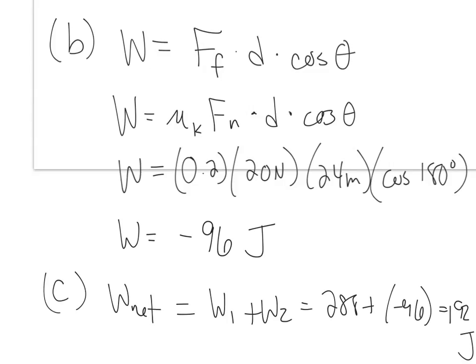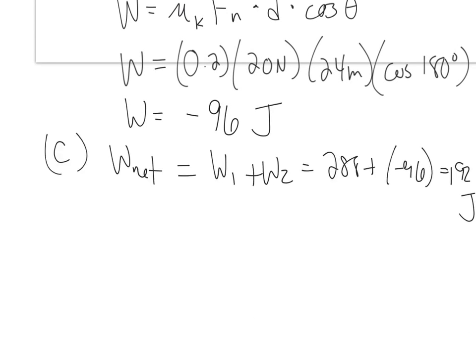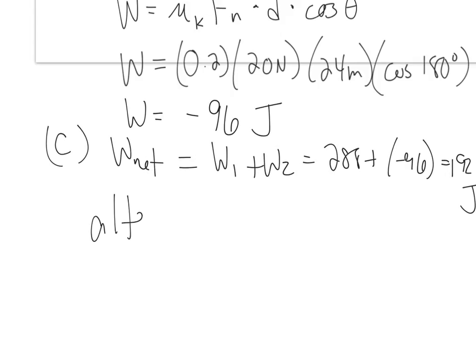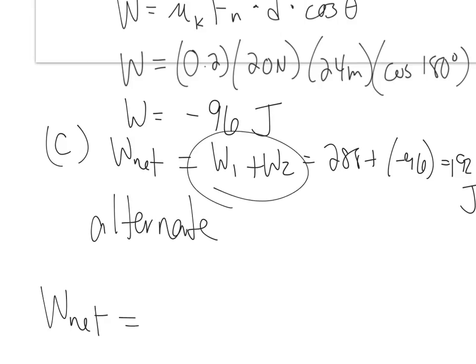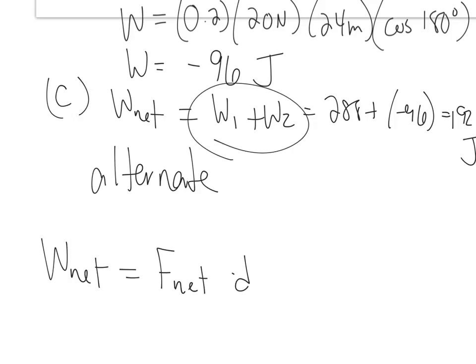So if you want to find the net work done, you could find the net force first. You could sum them together like we did, that works, or you could do this. There's no need for the angle now, because we're incorporating it when we find the net force.